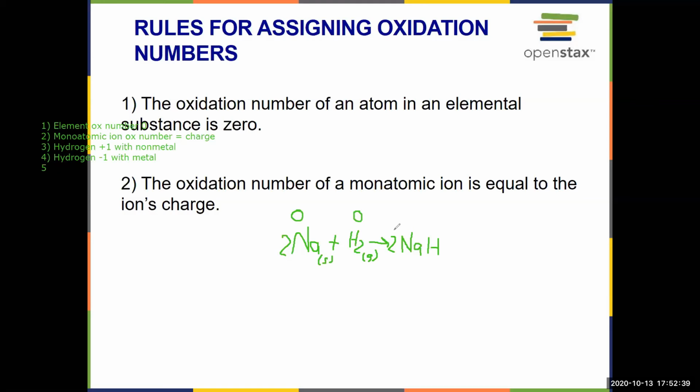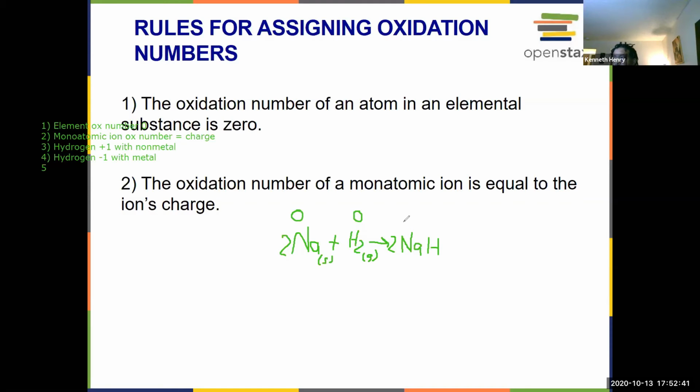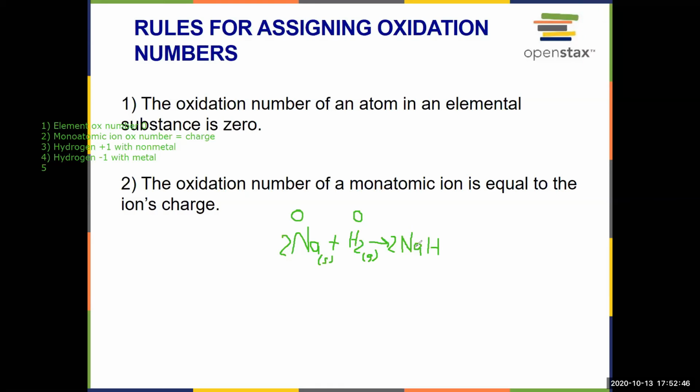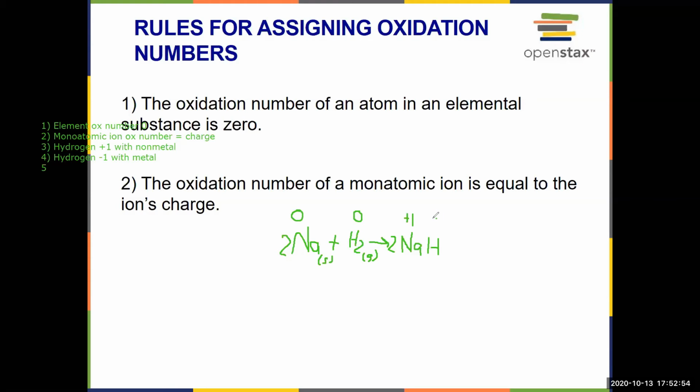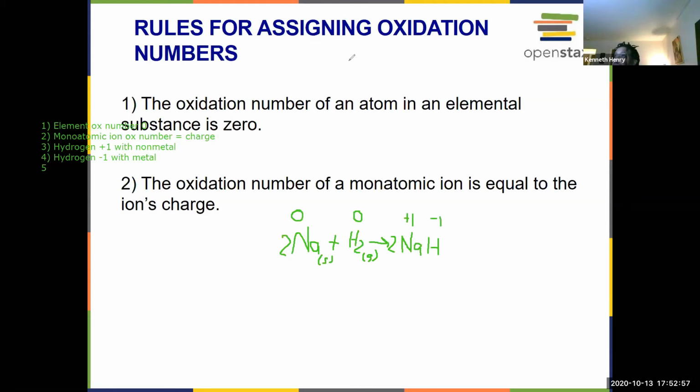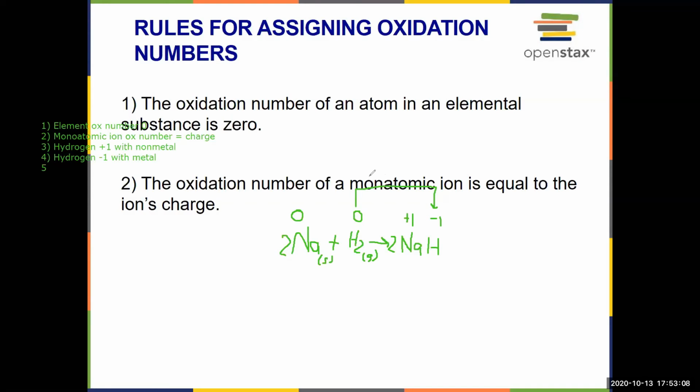Okay, so over here, what is this guy's oxidation number going to be? +1. And then the hydrogen? -1. Okay, so if we go from 0 for hydrogen to -1, is that oxidation or reduction? Reduction.